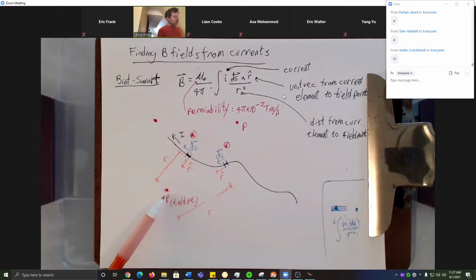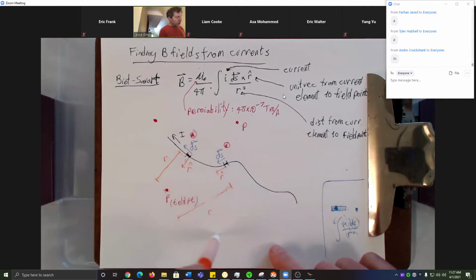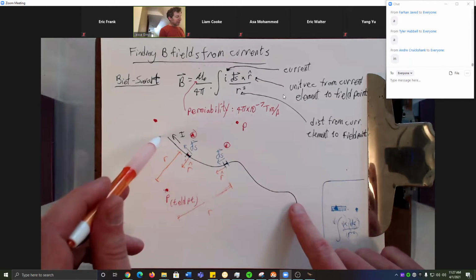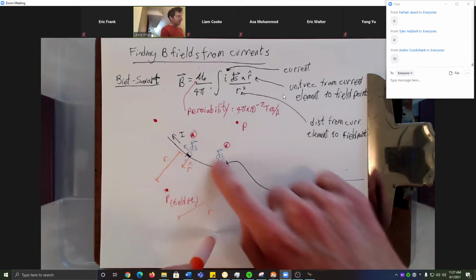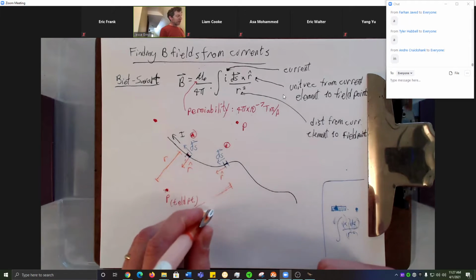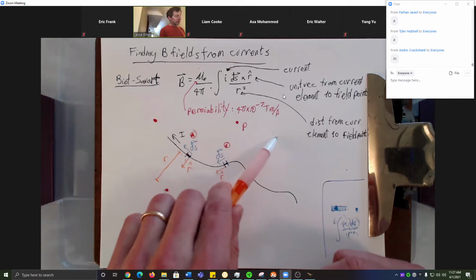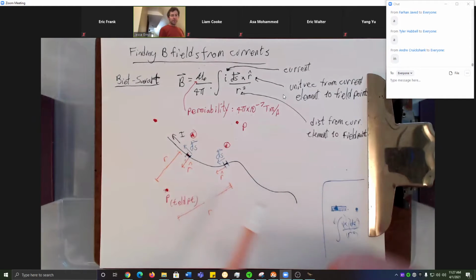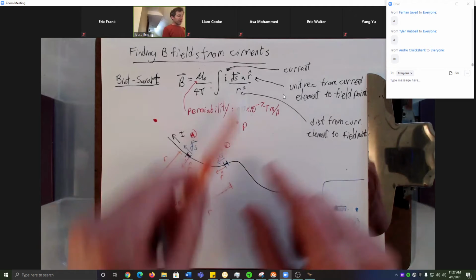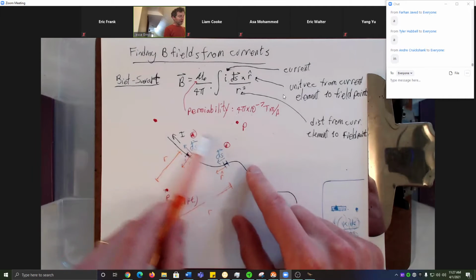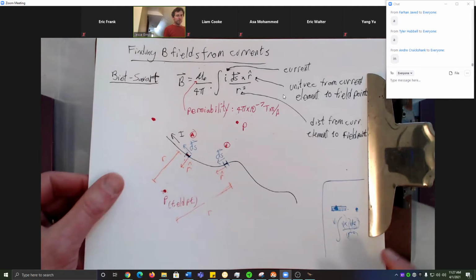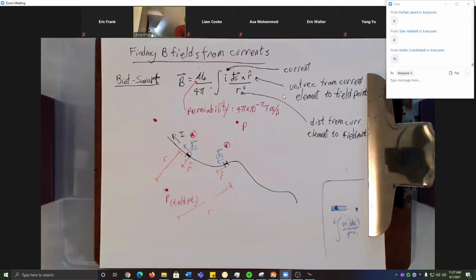So what you can show is that at any point over here, the B field from any element is going to be out of the page. The B field over here at any point is always going to be into the page. And the amount, of course, will vary depending on how close you are and where you are and the exact shape of that wire. All right, so think about questions, and then we're going to do an actual example of this.